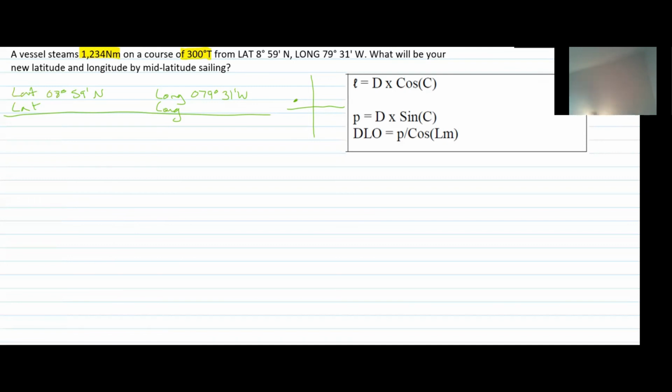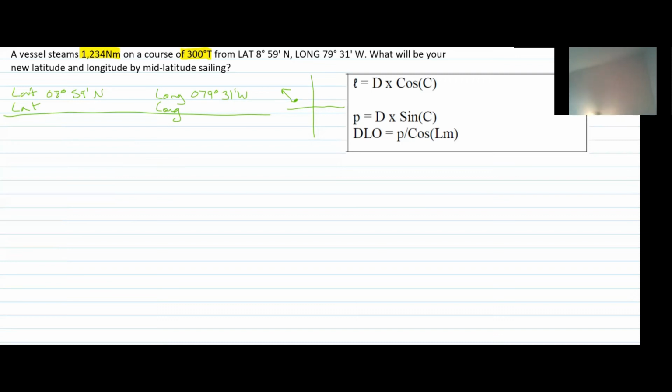Then you'll take the 300 degrees true and start at the dot and go towards the northwest because 300 degrees is a northwesterly course. This will give you a mental model to picture when you're working on the problem.